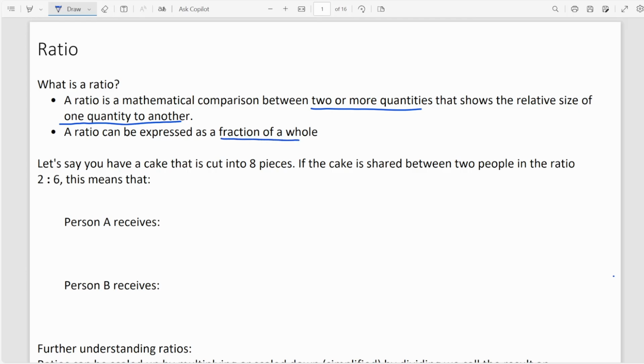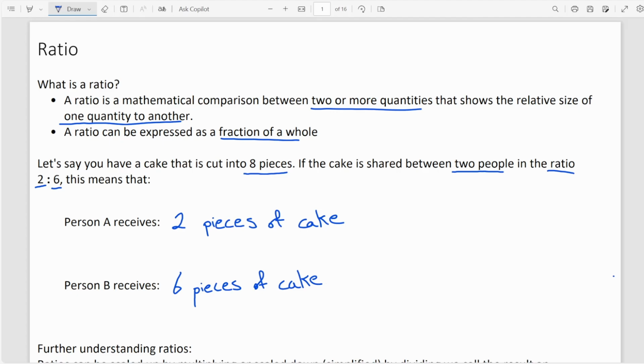Now to understand this more, we'll take a look at this case right here. Let's say you have a cake that is cut into 8 pieces, okay? Now, if the cake is shared between two people in the ratio 2 to 6, this means that person A receives, firstly, 2 pieces of cake, and person B receives 6 pieces of cake, okay?